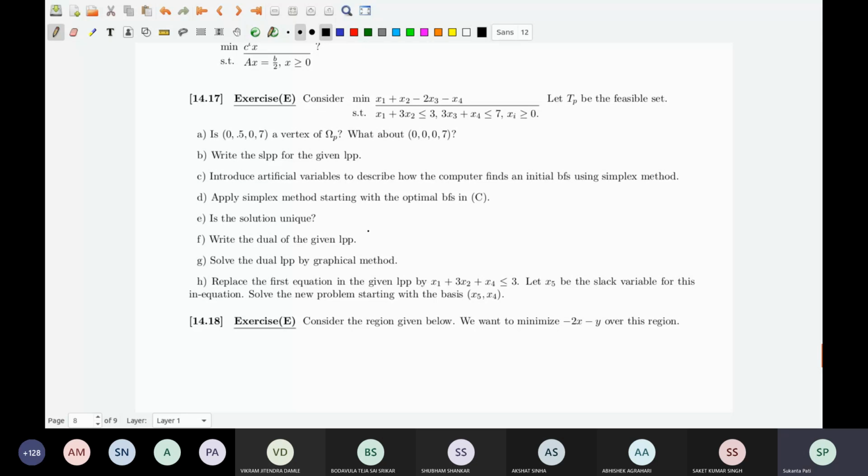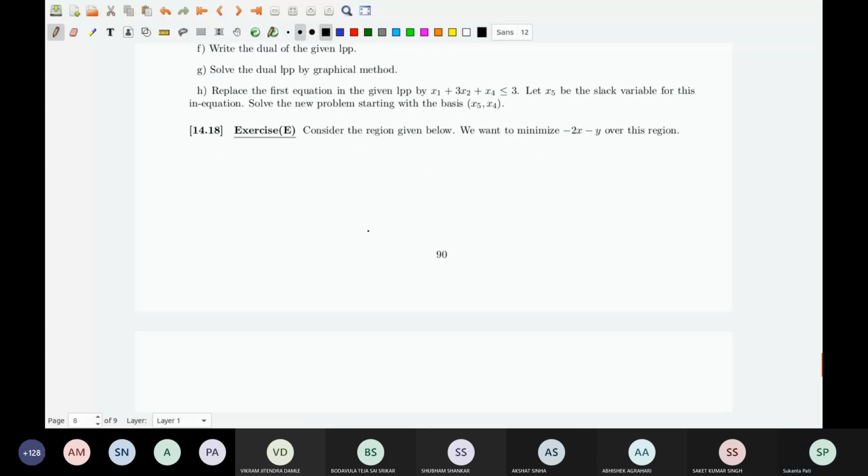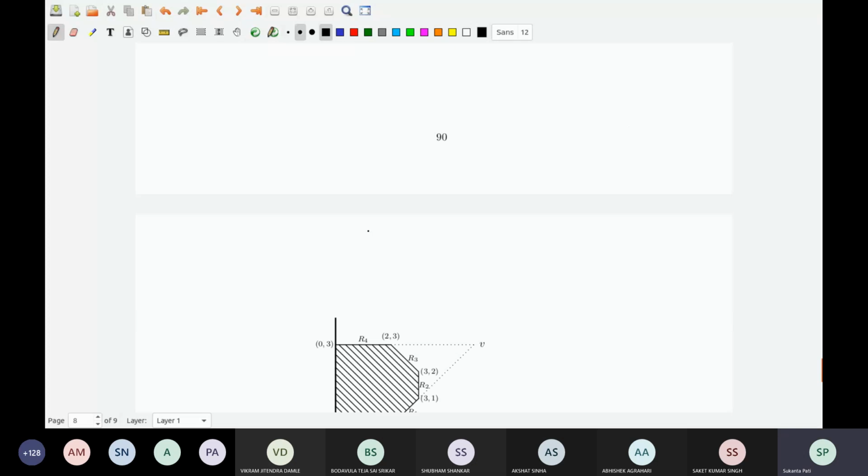And then there will be maybe 1 or 2 new questions which will be a little bit challenging. So it is very clear. You spend time, you get marks. But do not copy. So these are the exercises. I stop here.